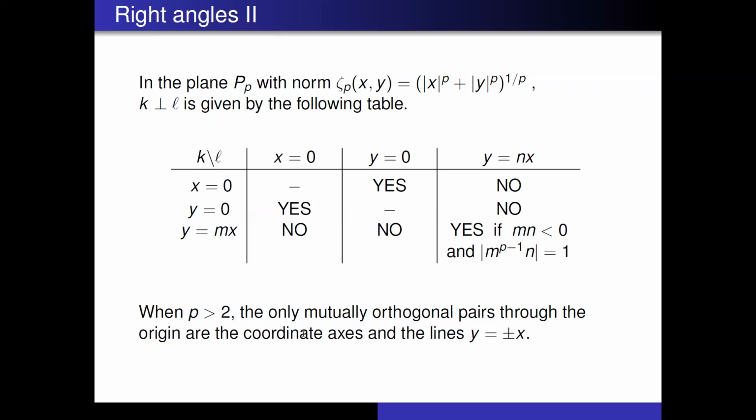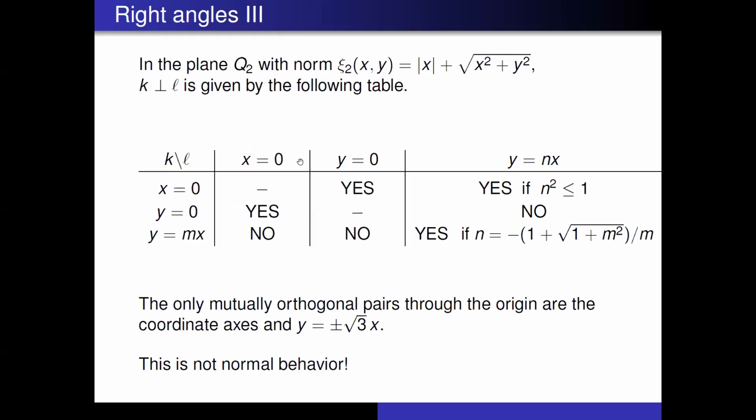So when P is bigger than 2, you get the lines y equals plus or minus x, because if m and n are plus and minus 1, of course this holds. And the axes are perpendicular, but nothing else is. Okay, and remember, this is a common ordinary norm which we use.